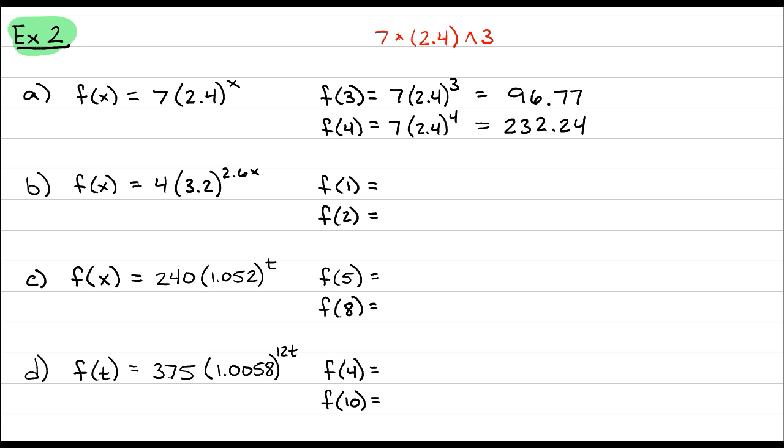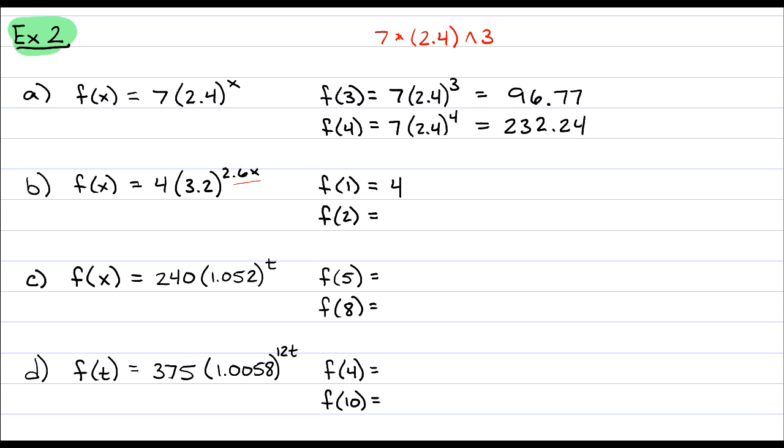In part B we have an example that's a little more complicated because our exponent doesn't have just an x, it has 2.6 times x. So the basic idea is that anything we plug into this function, we first have to multiply the input by 2.6 and that becomes our exponent. So for example, if I plug in 1, 1 times 2.6 is 2.6.